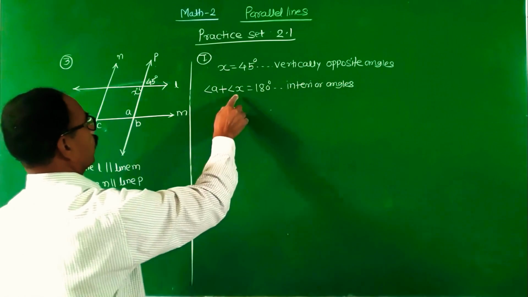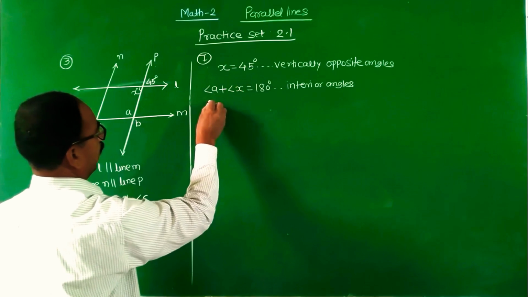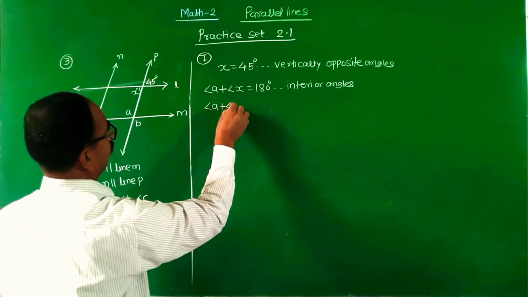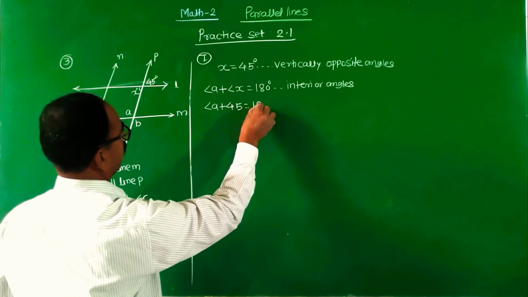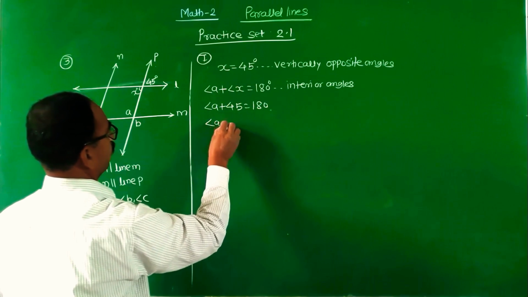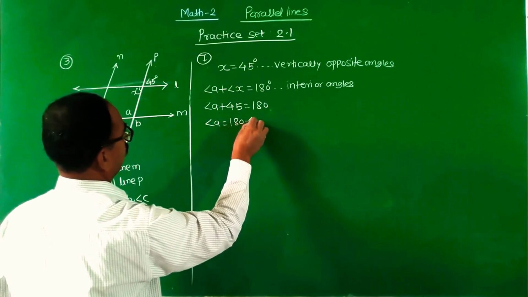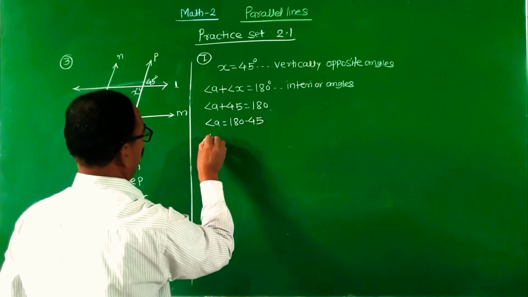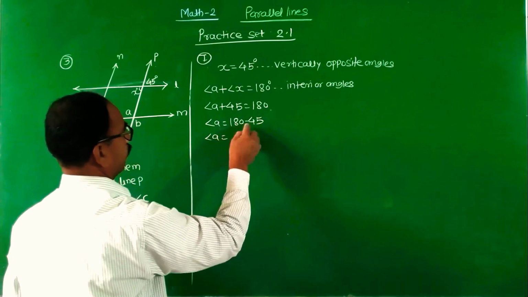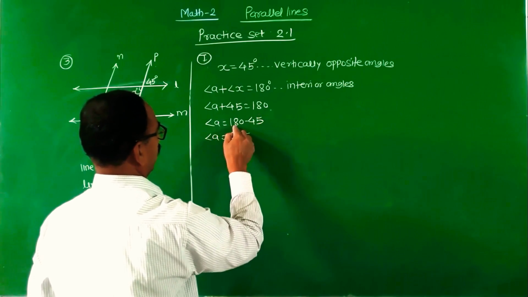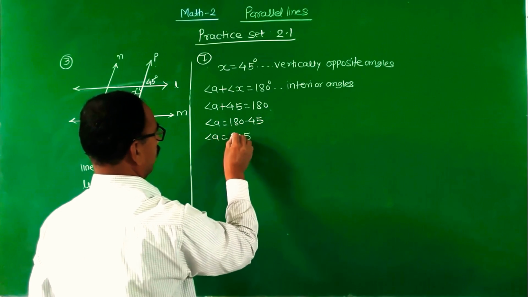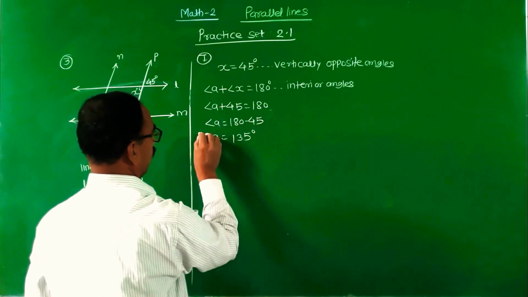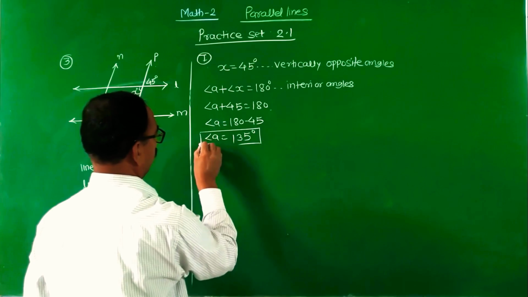So we know X is equal to 45. So angle A plus 45 equals 180, and angle A will be equal to 180 minus 45. That is 135. So angle A is equal to 135 degrees.